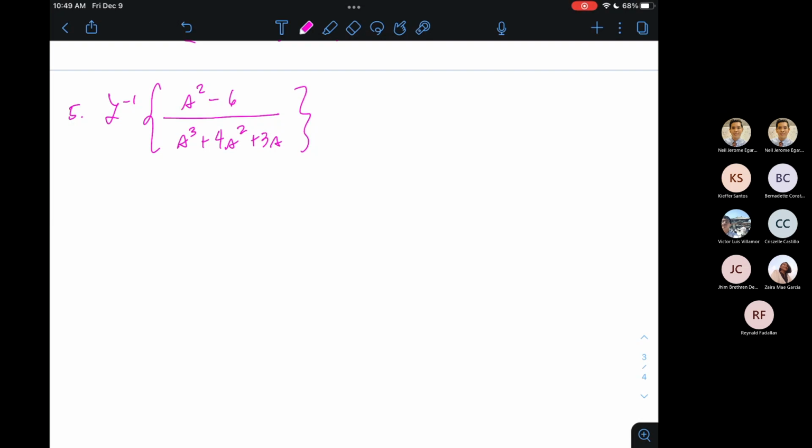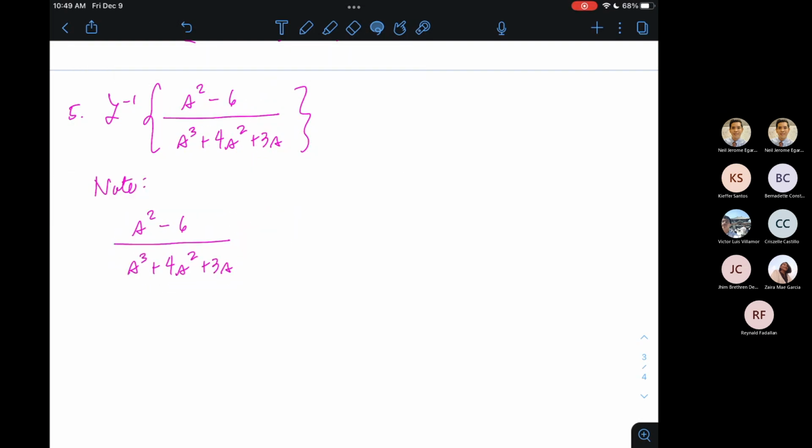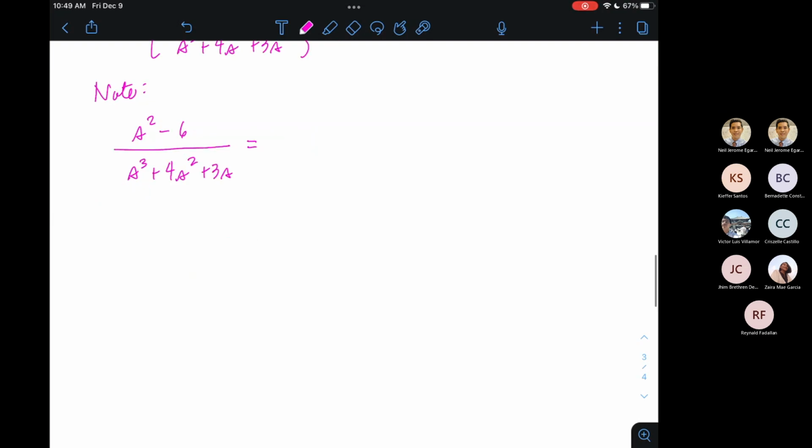All right. So I'll just do the partial fraction decomposition first, independent of the Laplace transformation. Copyin ko lang to. Gawin ko muna siyang, okay, pwede ako mag-factor dito. Factor ko yung denominator. I can factor out an s, and then I'll have an s squared plus 4s plus 3.